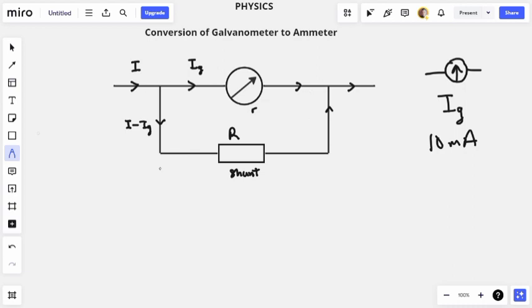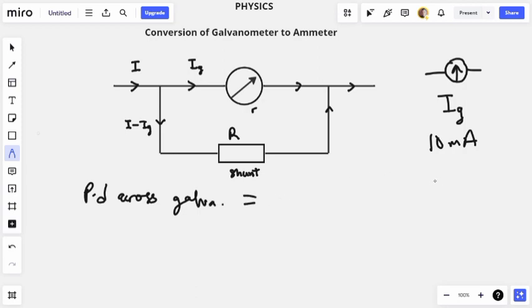So now let's do this. Potential difference, PD, across the galvanometer.